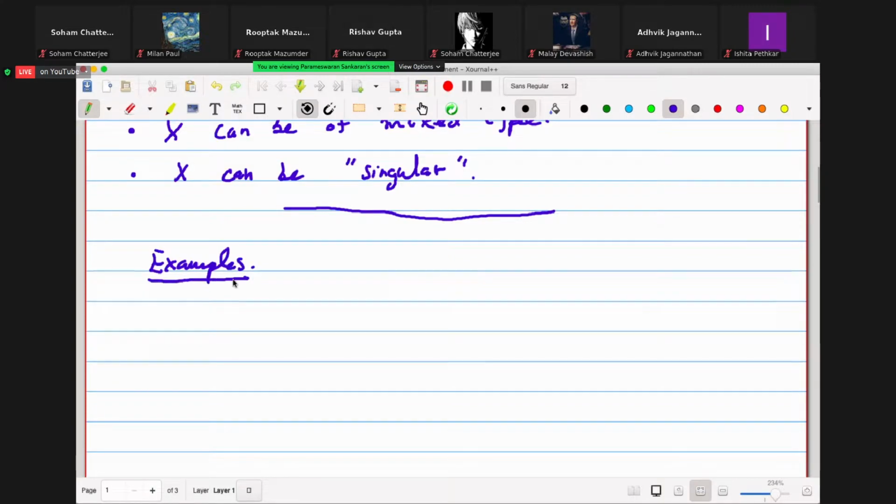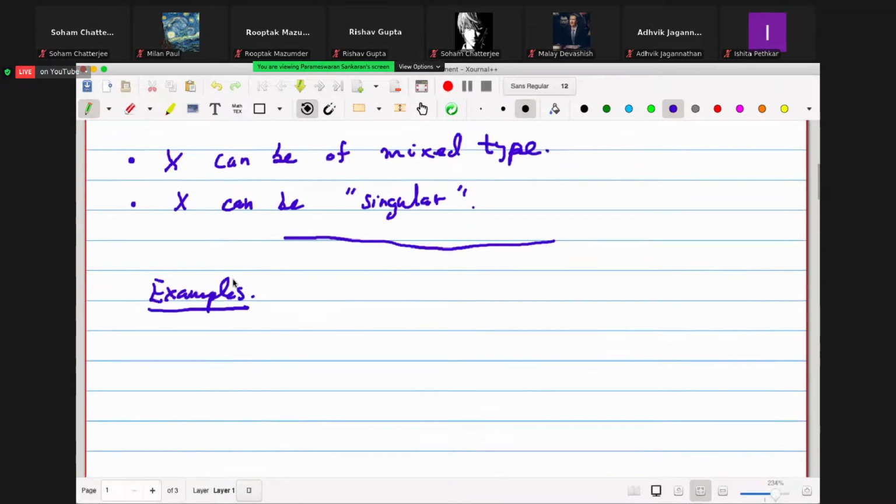Okay, so I want to give an example of mixed type. Think of the following experiment. Toss a coin and observe the outcome.